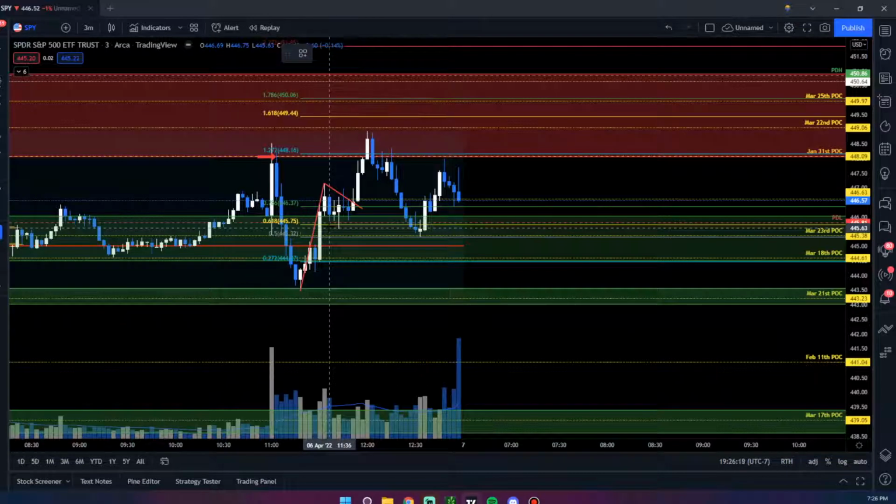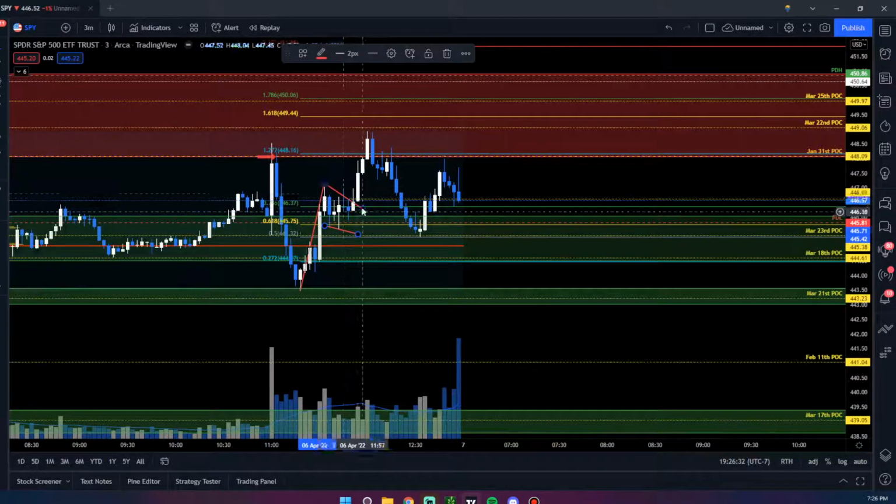I don't bother drawing the whole thing because I'm not taking a break of the bottom of the flag. The only line I need to know about is the top of the flag because I'm going to take a break above. If this broke down below, I'm not taking puts.